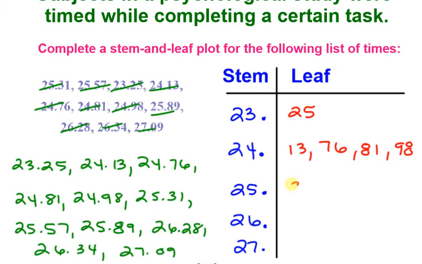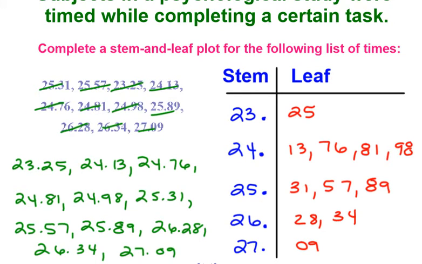I have 25.31, 25.57, 25.89. I have 26.28, 26.34, and I have 27.09. And it's important to write the 09 because it's 27.09, not 27.9. Okay?